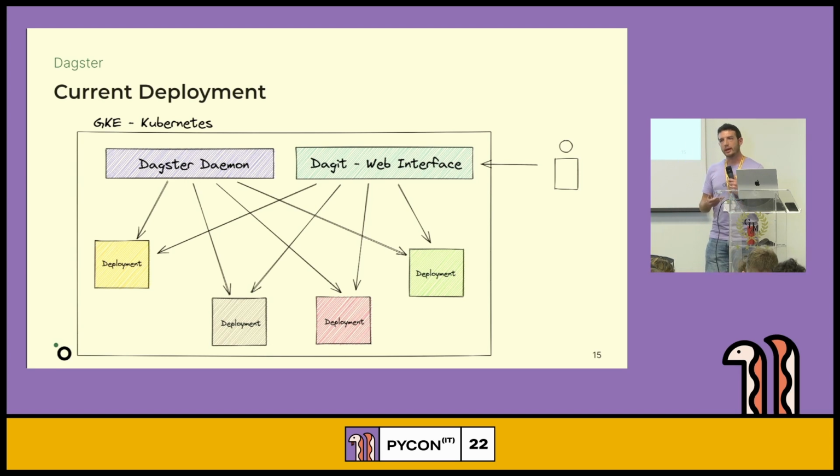This gRPC API is used by the two other Dagster components to understand which pipelines are available and in which deployment they are located. As you can see here, every project is independent. So I don't need to restart the whole Dagster deployment whenever something changes. I will just need to restart the deployment that is affected by my change. And we will see also in a second how we deploy our changes in our developer environment, staging, and production environment.